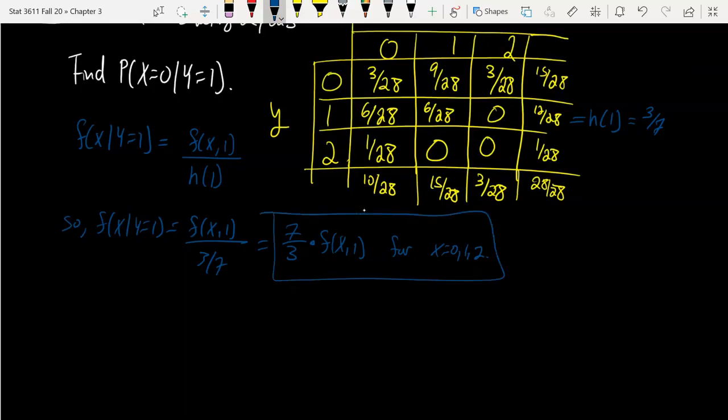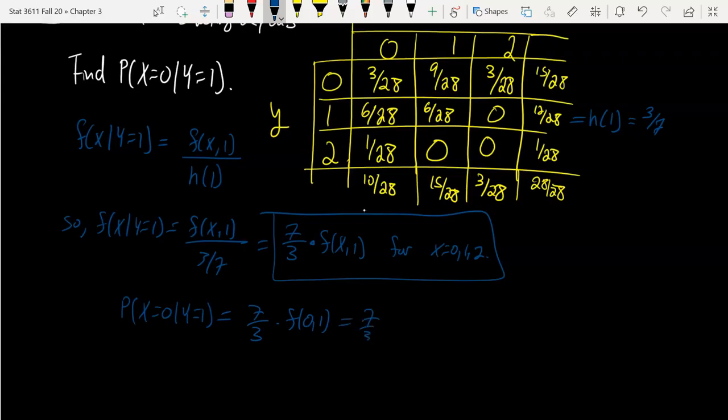Now, we can use this distribution. What is the probability that x equals 0 given y equals 1? Well, we just want to evaluate this. The probability that x equals 0 given y equals 1 is equal to 7/3 times f of 0 comma 1.